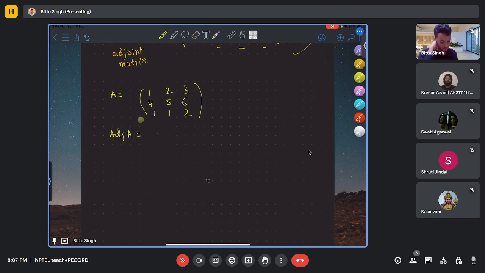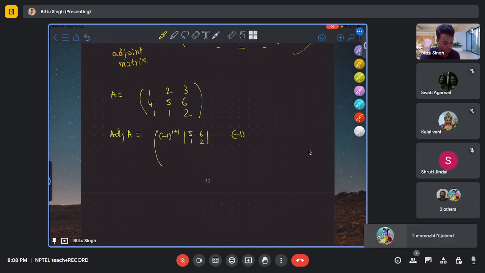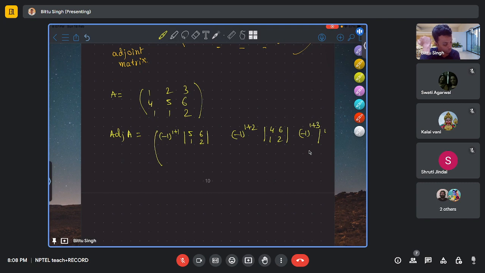So it is same as minus 1 to the power 1 plus 1 into everything except first row and first column. So it is 5, 6, 1, 2. And similarly, minus 1 to the power 1 plus 2, and everything except first row and second column. So 4, 6, 1, 2. Similarly, minus 1 to the power 1 plus 3 times 4, 5, 1, 1, determinant of this.